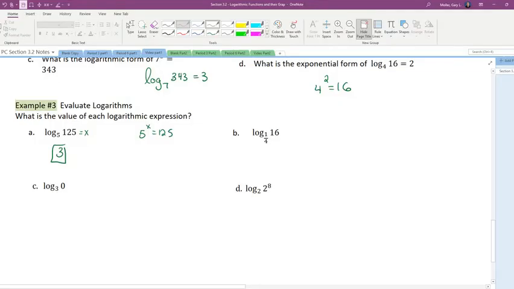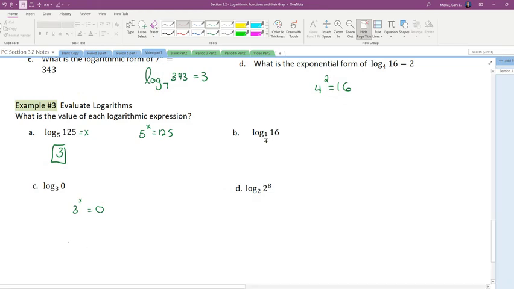I'm going to do part C first, log base 3 of 0. So that's asking 3 to what power equals 0? And now I'm confused. I was going to say 1 because I know that 0 and 1 and exponents are all related, but that's not correct. 3 to the first is 3.